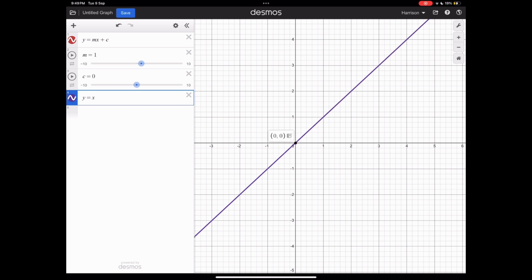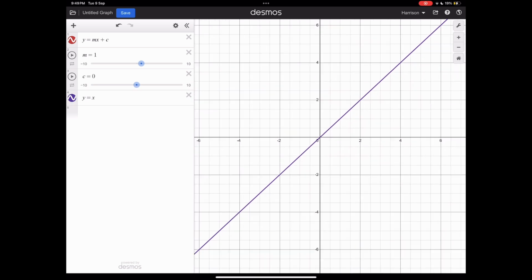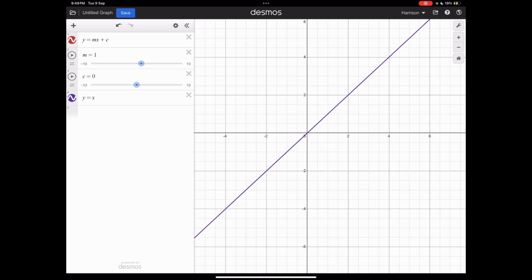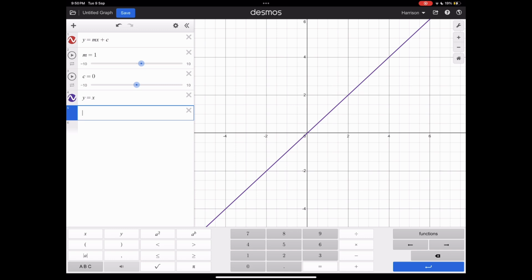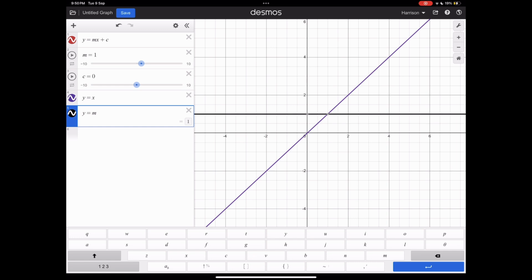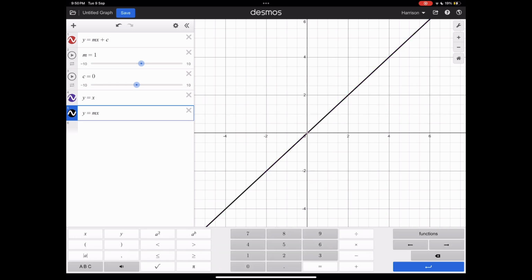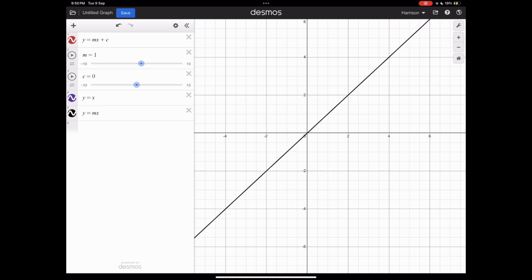And where does it cross the y-axis? At 0, 0. So its y-intercept is 0. Now, if you remember from transformations of functions, when we multiply the x by a constant, we stretch it, and this is what that looks like.